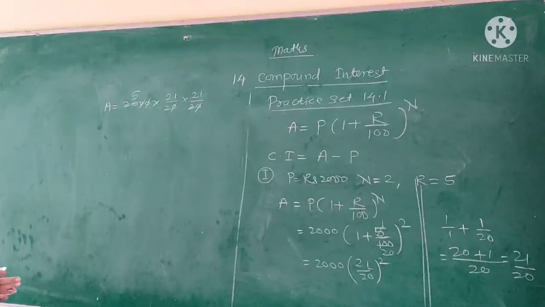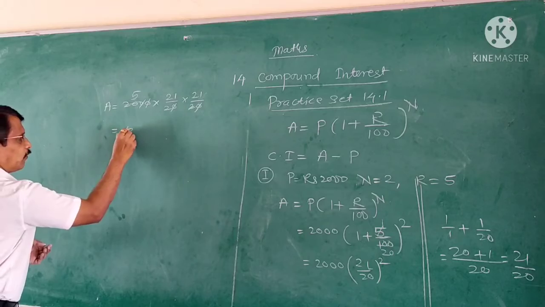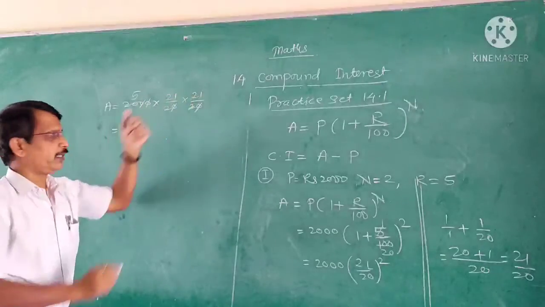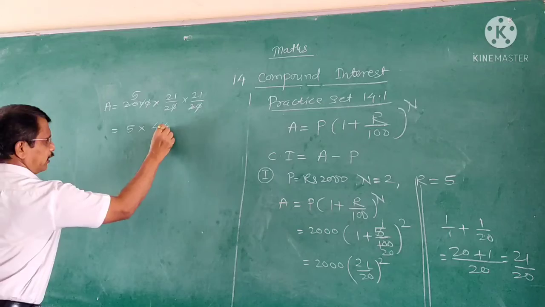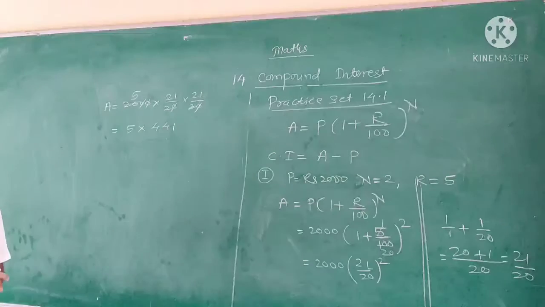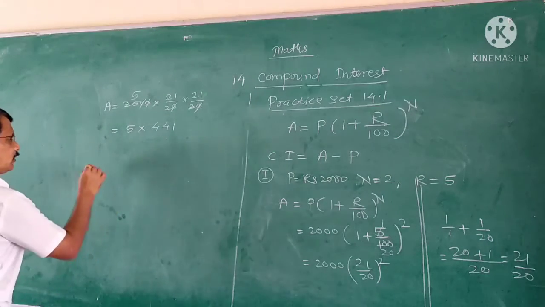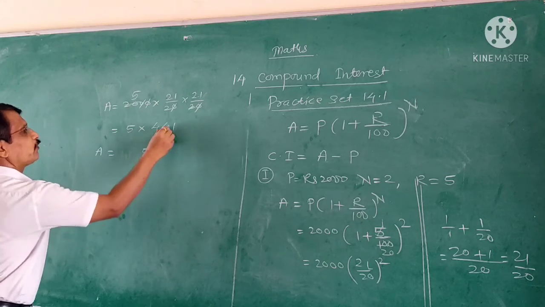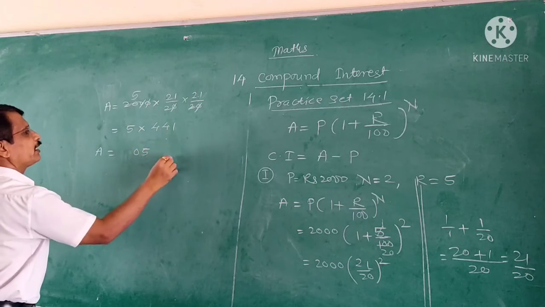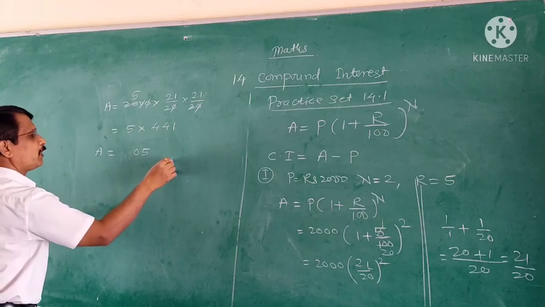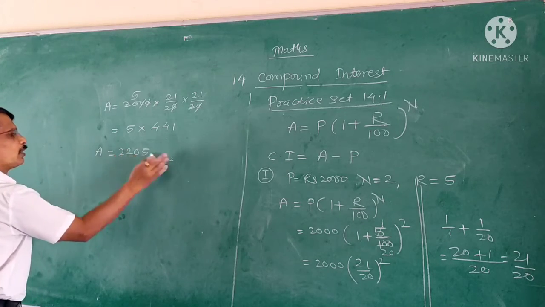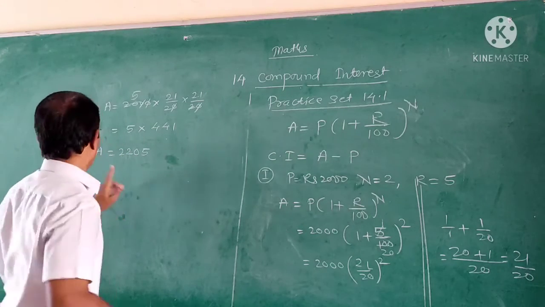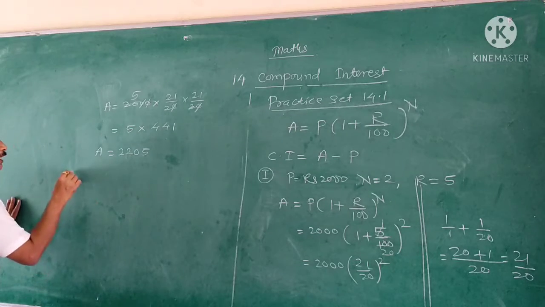Is equal to 5 multiplied by the square of 21, which is 441. Therefore, amount A is equal to 5 1s are 5, 5 4s are 20, carry 2, 5 4s are 20 plus 2, 22. Here the amount is 2205.